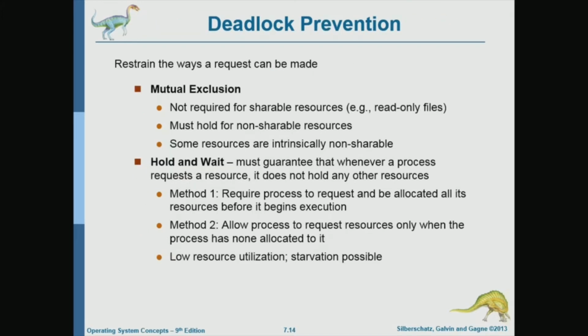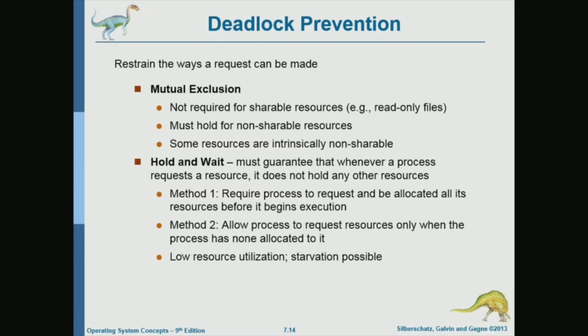Okay, so deadlock prevention. In theory, we can prevent deadlocks if we can prevent one of the 4 necessary conditions for deadlocks that we have studied. If we can prevent just one of them, we will have no deadlocks.